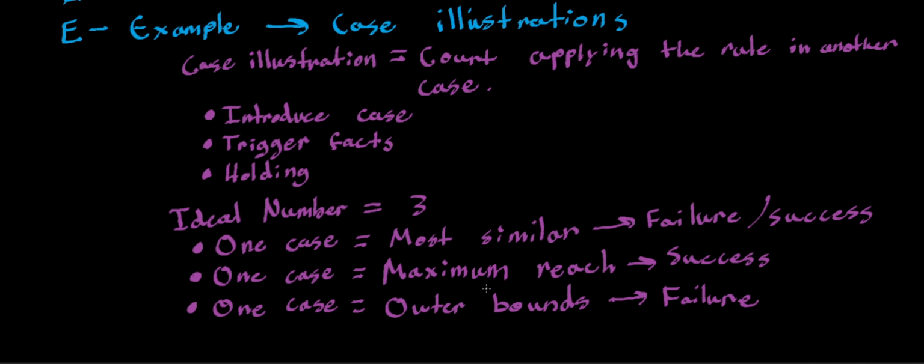Sometimes you won't get to three simply because there isn't enough case law. There are also some times where it might be worthwhile to include more than three. If you have multiple cases that sort of analyze the rule from slightly different perspectives, it's also okay to have more than three. But I think that three is the ideal number.